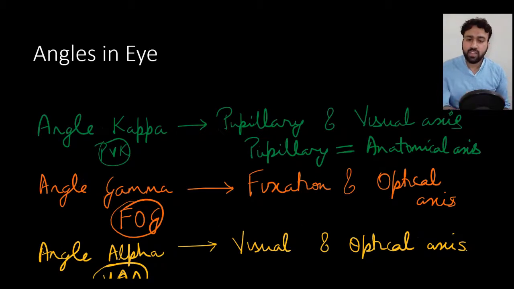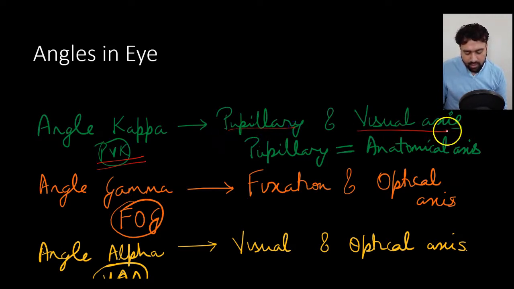Now, while we have studied angle kappa, I just briefly want to mention the other angles in the eye. These are also asked as MCQs, although not related to the topic exactly, but I'll give you these MCQ points. I remember them using mnemonics. The first mnemonic is PVK, like I told you, the angle between pupillary and visual axis, known as angle kappa.